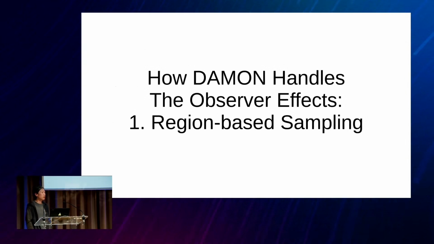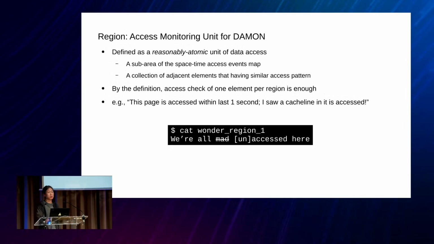To overcome these problems, DAMON has a few mechanisms. The first one is called region-based sampling. The region is a concept of DAMON defined as a contiguous area in the space-time of the access event map.